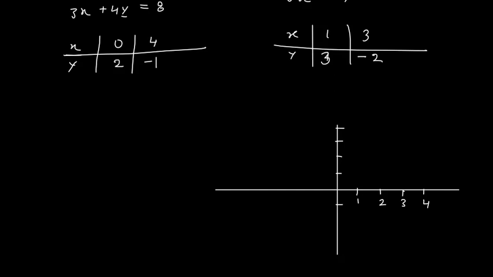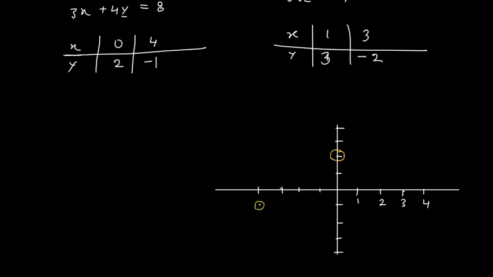Downside we will show the marking, and on the left we will show some marking. So like this. Now 0 comma 2, so this is our point 0 comma 2. Then 4 comma minus 1, so here I have this point 4 comma minus 1.